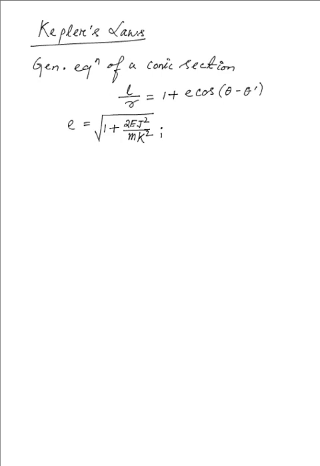Also, we had the value of L to be equal to J squared divided by mk. We also expressed the eccentricity in terms of A, that is the area covered by the planet during its motion for a given interval of time.